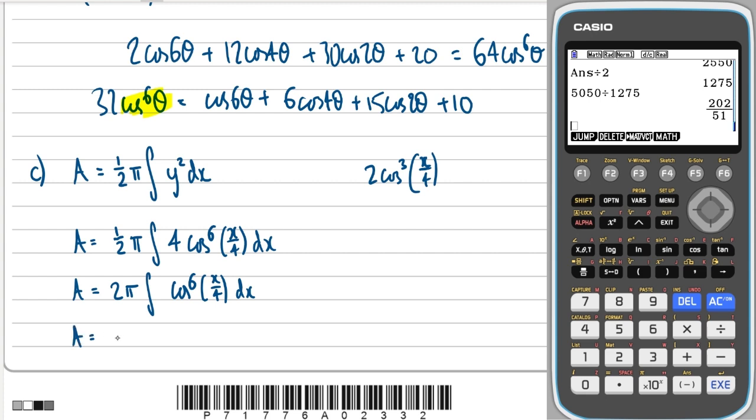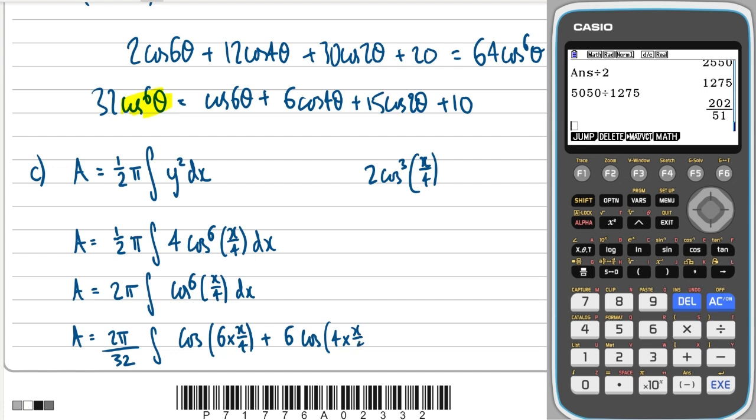So I'm going to get A is equal to 2 pi divided by 32 the integral of cos to the 6 times x over 4 plus 6 lots of cos to the 4 times x over 4 plus 15 lots of cos to the 2 times x over 4 plus 10.